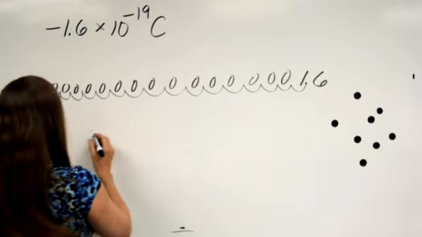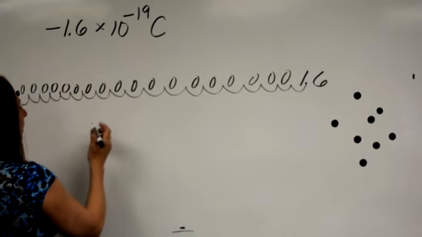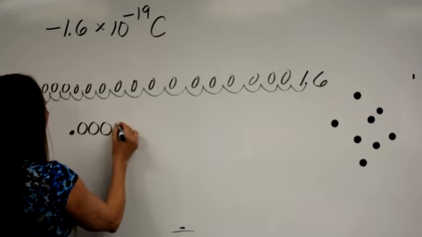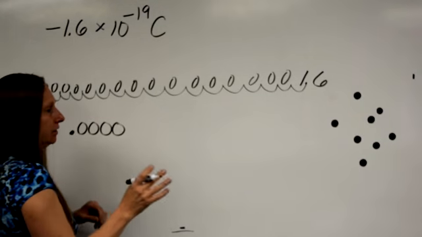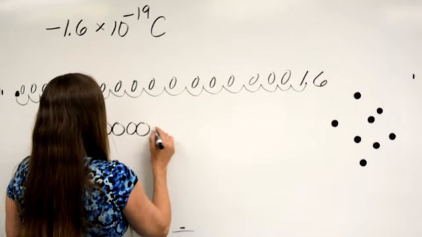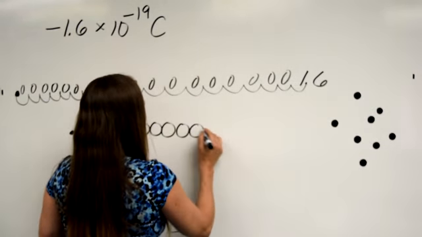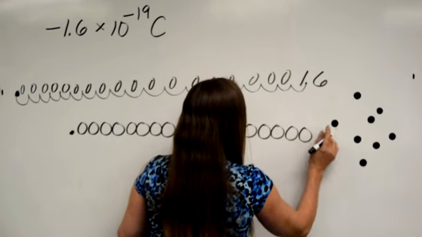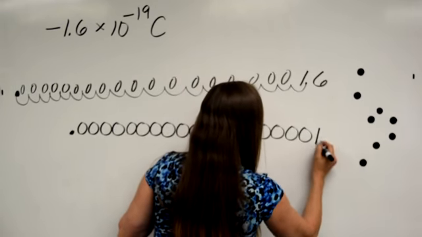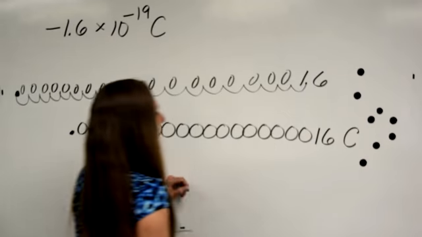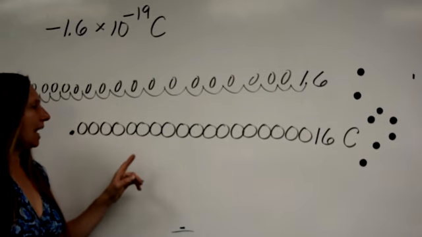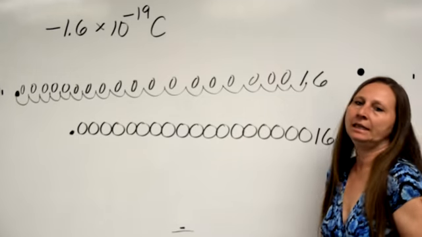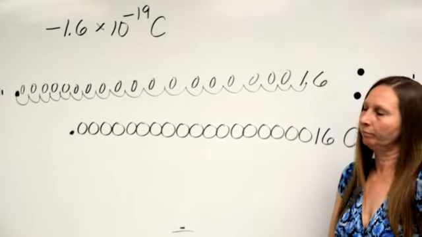So what this number really is, is 0.0000, with 18 zeros, and then 16 coulombs. Wow. That is a tiny, tiny, tiny number.